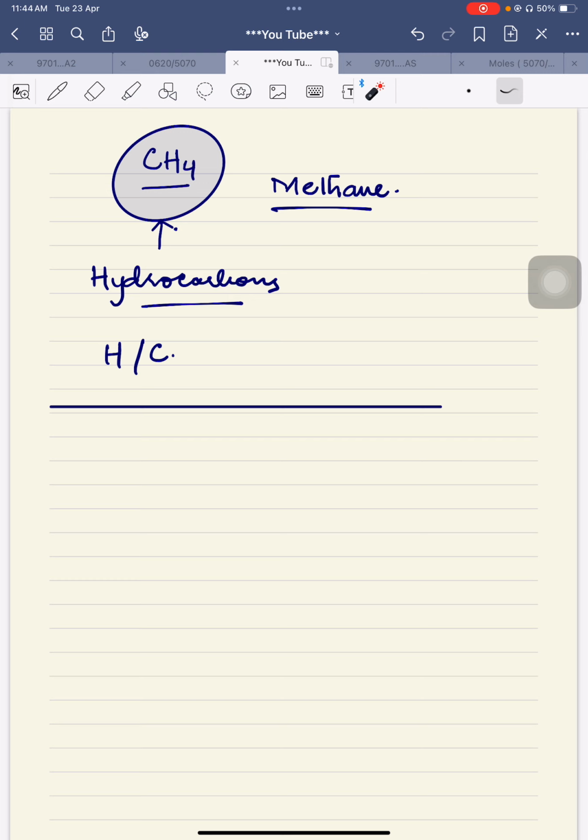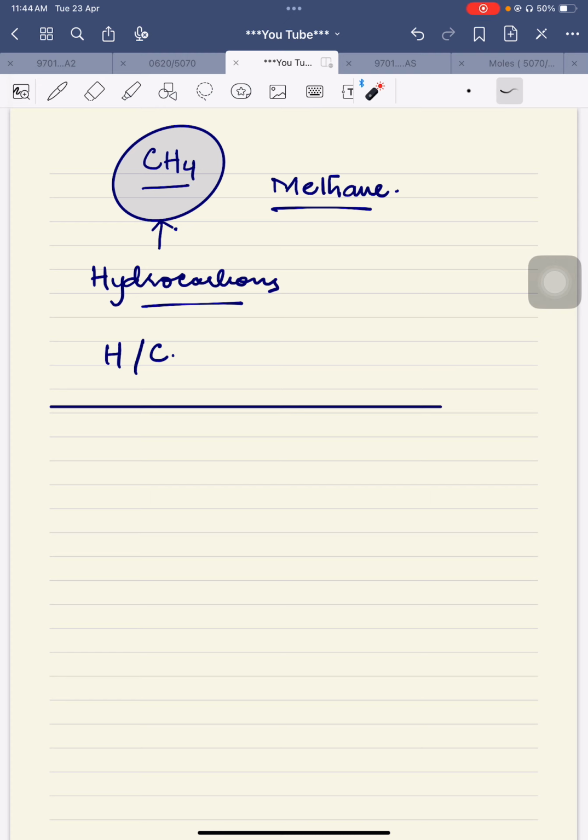Okay, this was the detail about methane, which people already know about. Now, many of methane's sisters, relatives and cousins are part of organic chemistry. We are going to discuss all those family members, but not at this stage.